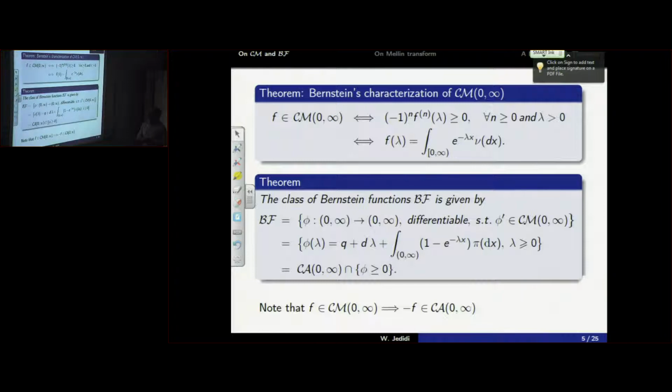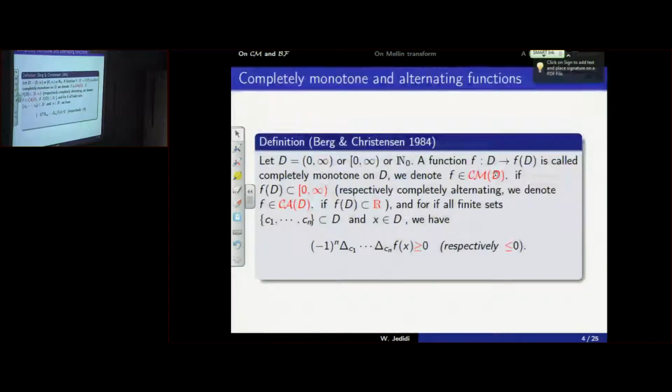What are the completely alternating functions? I restricted myself to completely alternating functions which are positive. Why? Because contrary to the completely monotonic functions, we don't require completely alternating functions to be positive. They could be positive or negative. But the increments start to be positive when you apply the first increment.